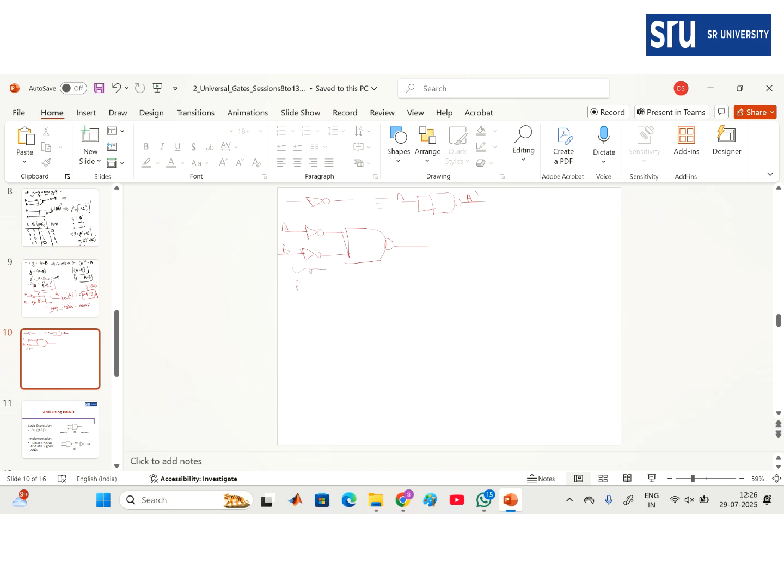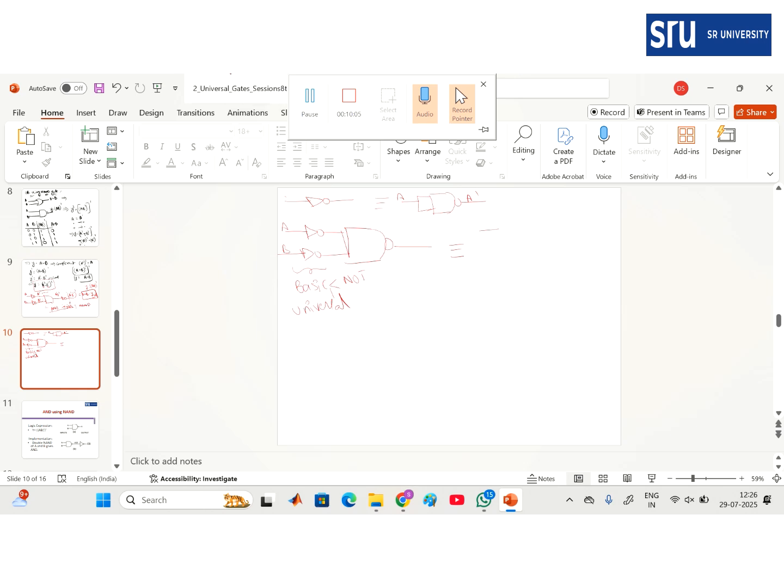So here it is the circuit. Here I have a basic gate also. This NOT gate is a basic gate, right? So one NOT gate I have, that is a basic gate, and universal gate I have. But what I need to make? I need to make the entire circuit into the universal gate, right? So the entire design should be based on either the NAND gate or NOT gate, right? So here I have a NOT gate.